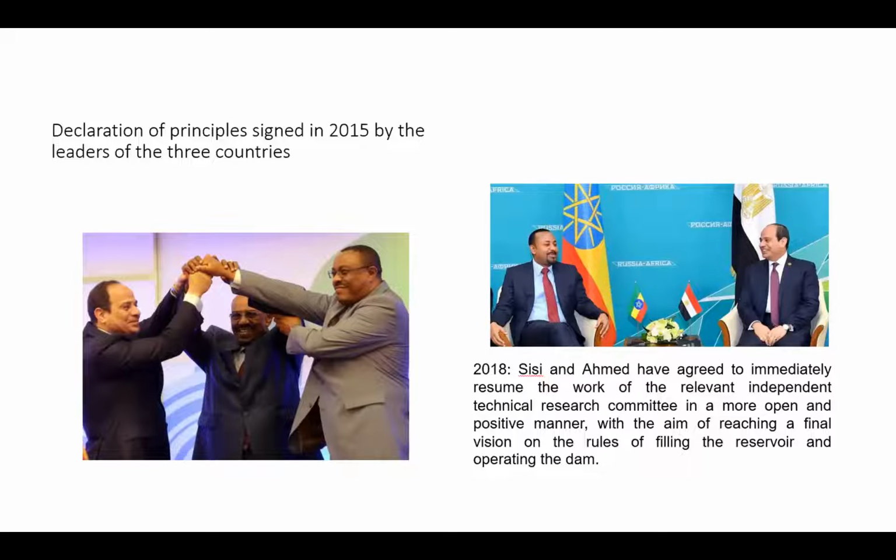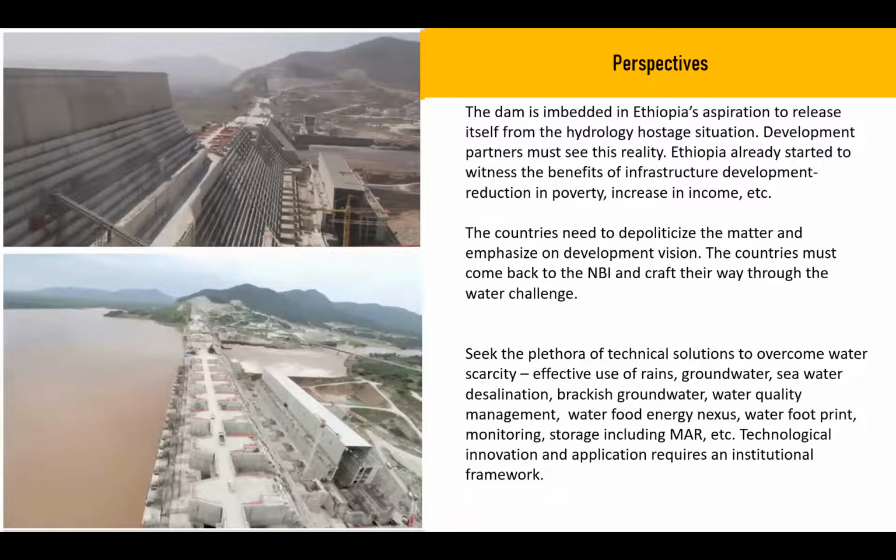The first power generation is now expected to start in December 2021, which is next month. So, what is in the perspective? Ethiopia's dam is embedded in Ethiopia's aspiration to release itself from a hydrology hostage situation.